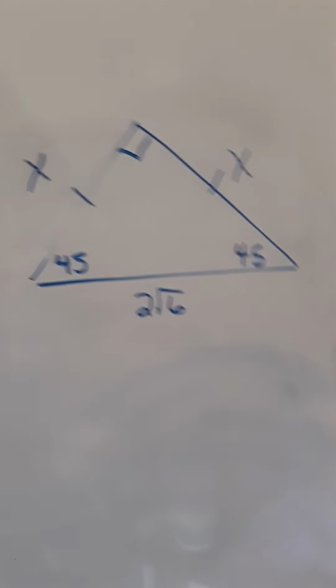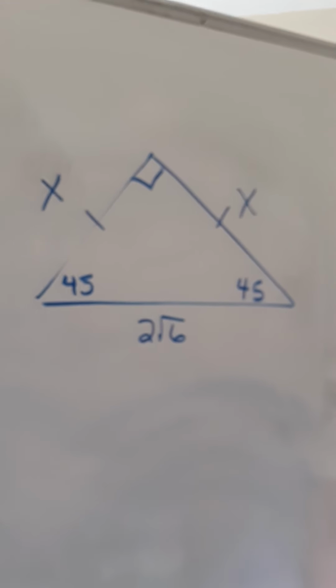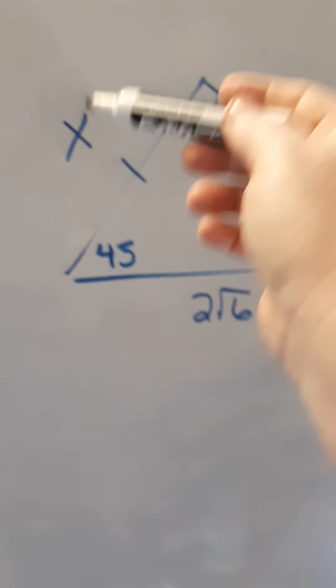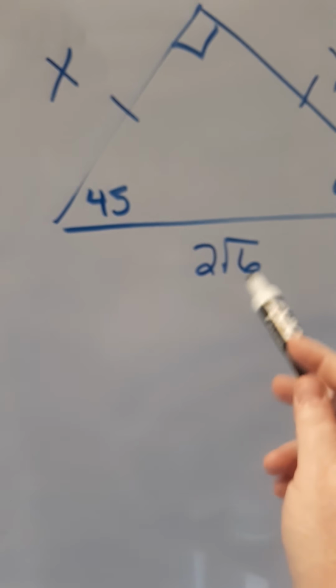Okay, let's go to the 45-45-90. If we go to those rules, what do we know? We know that whatever this side is, we're multiplying by the square root of 2 to get that.